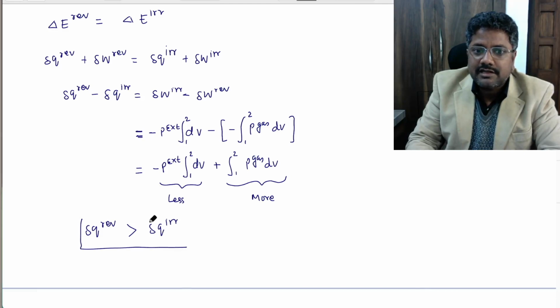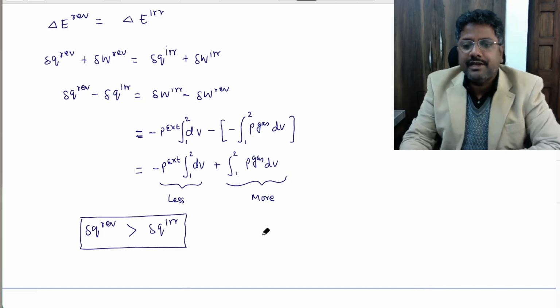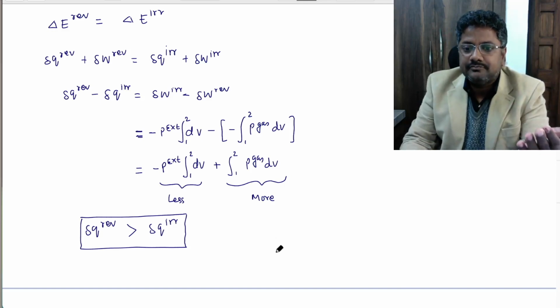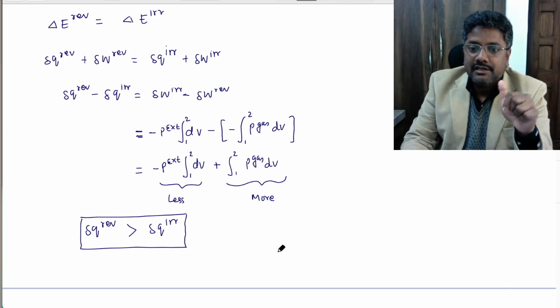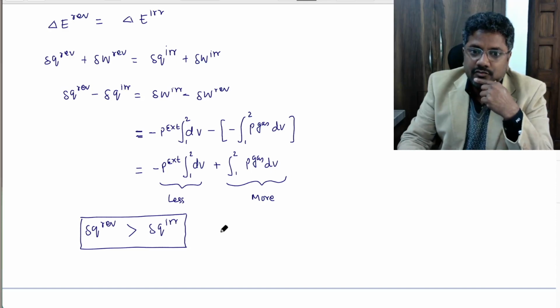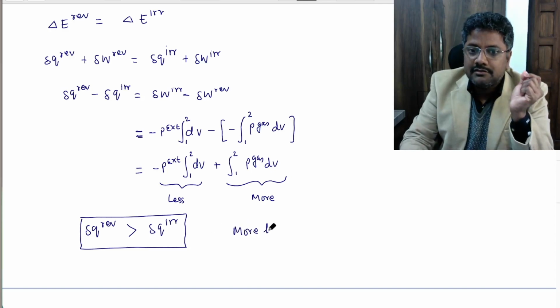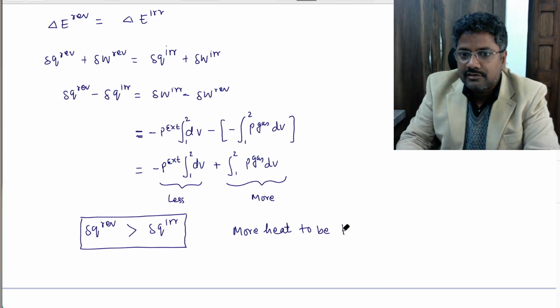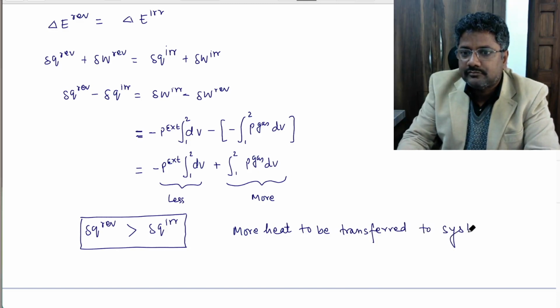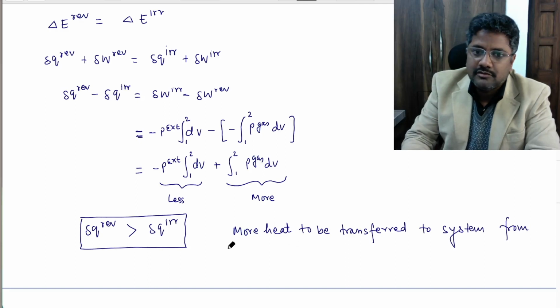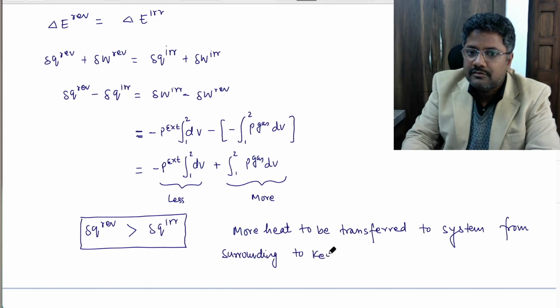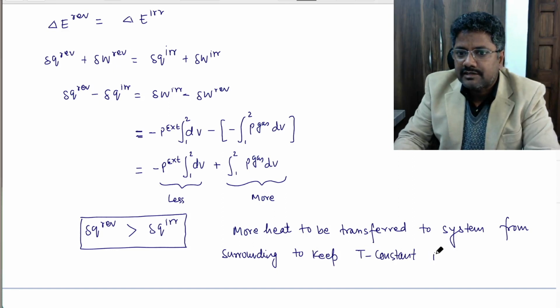Means in case of a reversible process, more heat is transferred to the system from the surrounding to keep the temperature constant in isothermal reversible expansion.